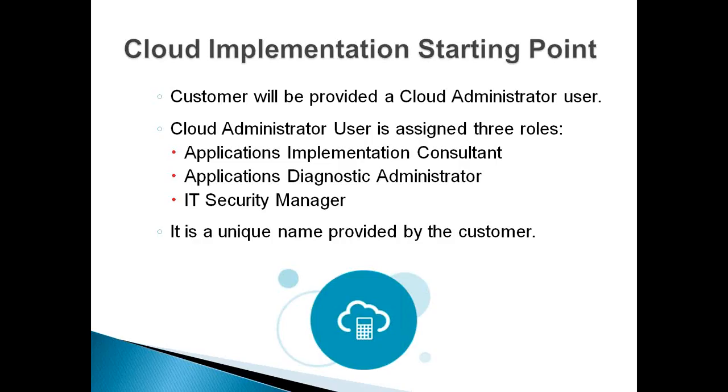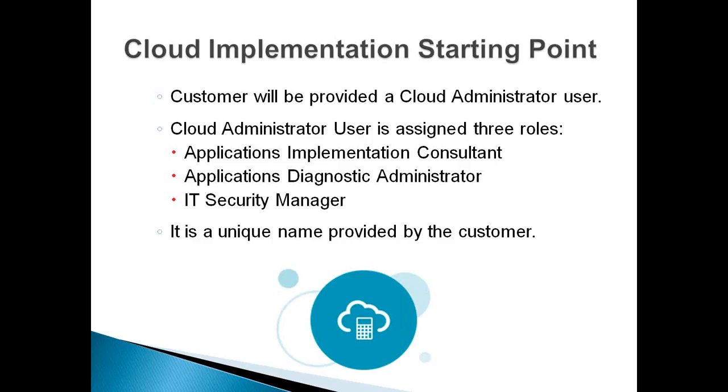Now we will focus on, if the customers are going with the cloud implementations, how the starting will happen. Cloud implementation starting point. This is generic for all the implementations. I'm not specifying for HCM or finance or any such thing. Whenever a cloud implementation has to start, the customers will be provided a cloud administrator user.